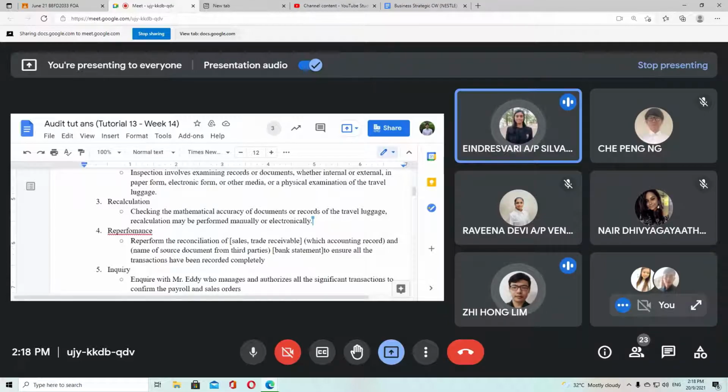That is vouching or tracing. Re-performance means you are re-performing the internal control system. So re-performance will not come under substantive procedures.